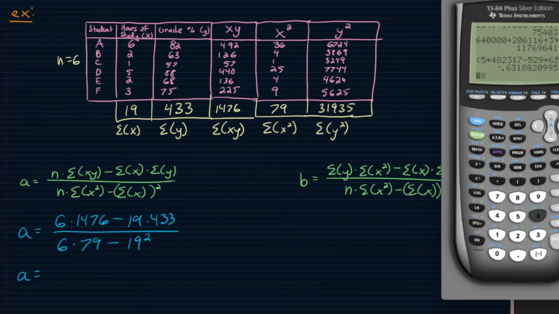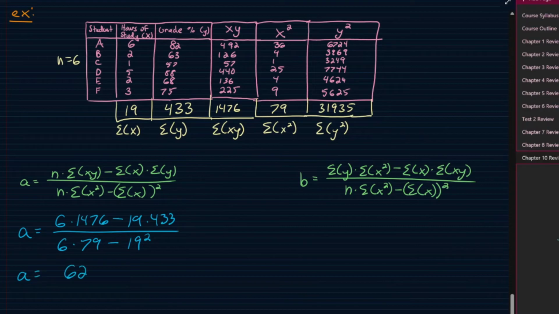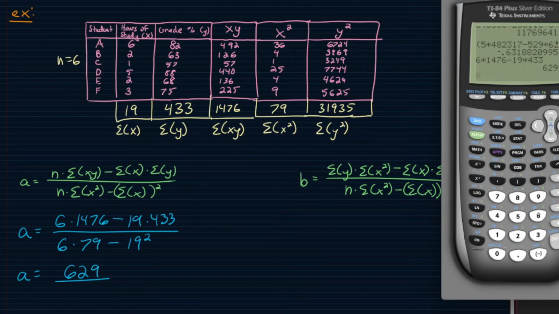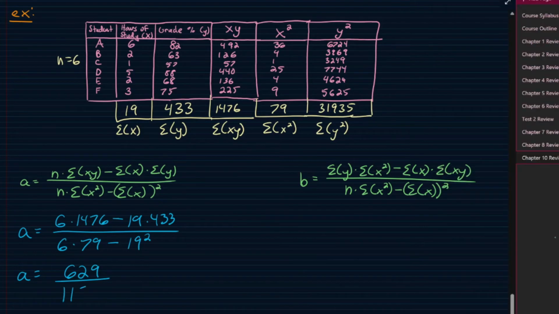So the numerator is 6 times 1476 minus 19 times 433, which is 629, over the denominator, which is 6 times 79 minus 19 squared, which is 113.